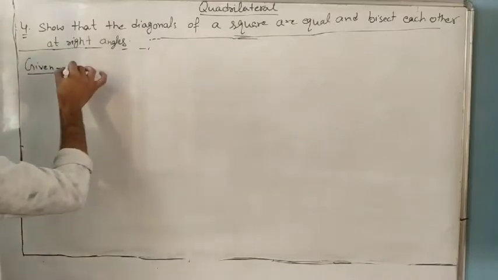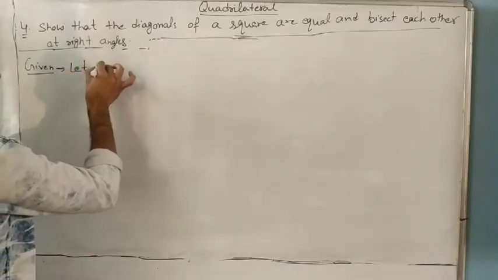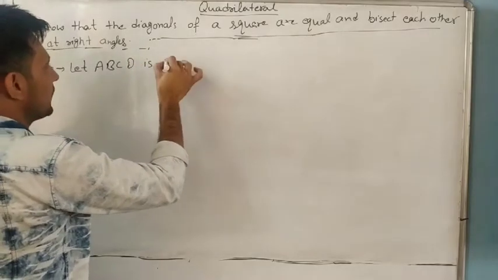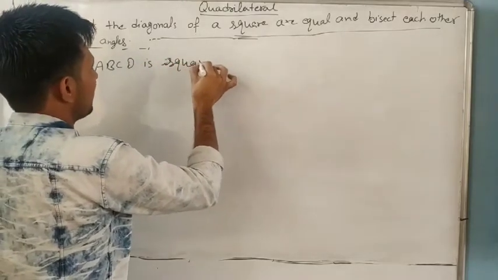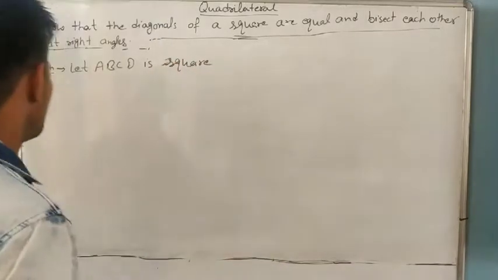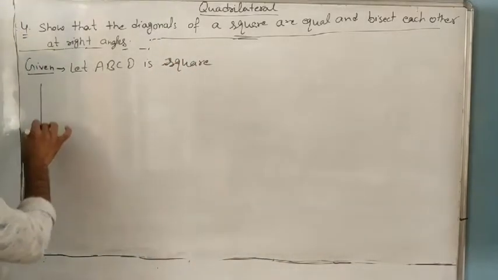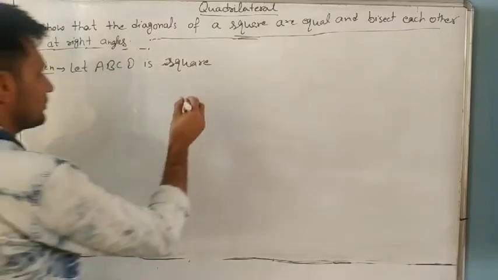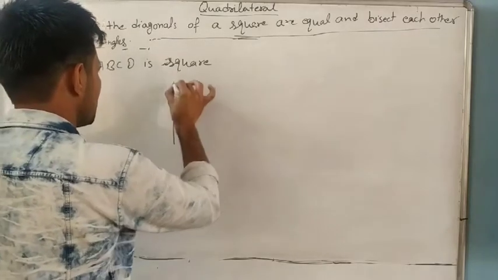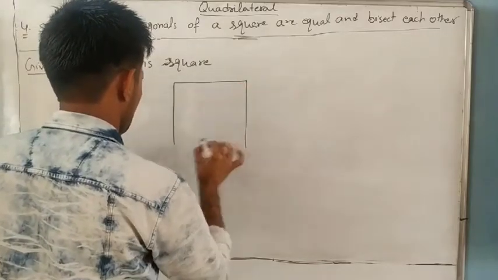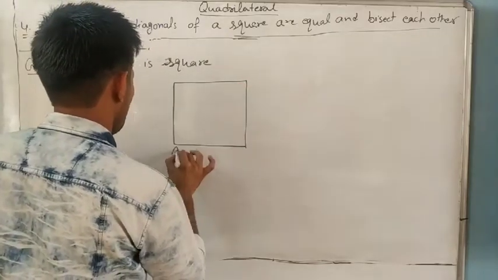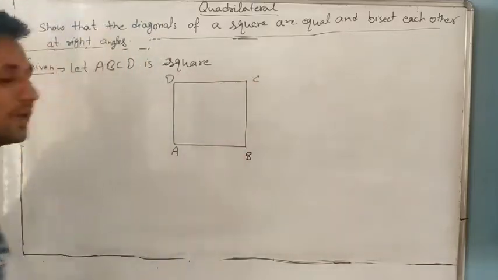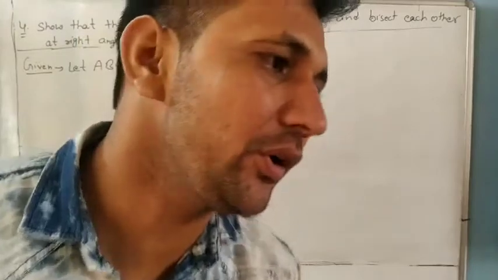Given, let ABCD be a square. And what is the property of the square?